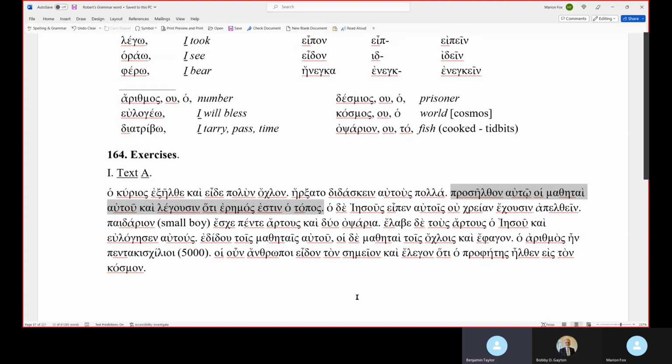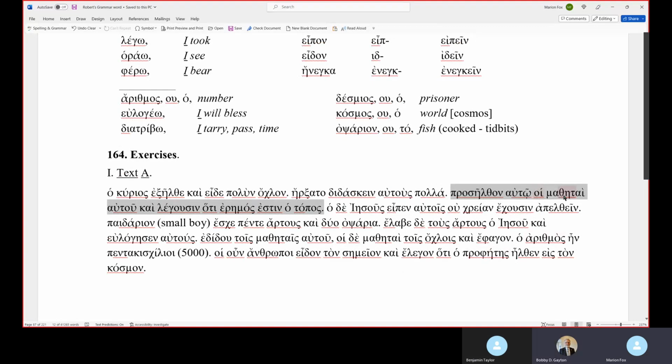His disciples drew near him and say that this place is a wilderness. Is a what now? Wilderness or desert. Wilderness, desert, yeah. It didn't feel well formatted in English, so I'm not sure about that.